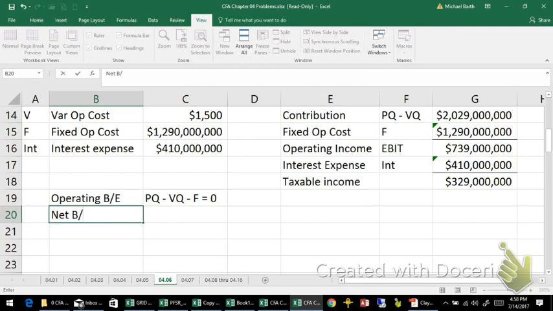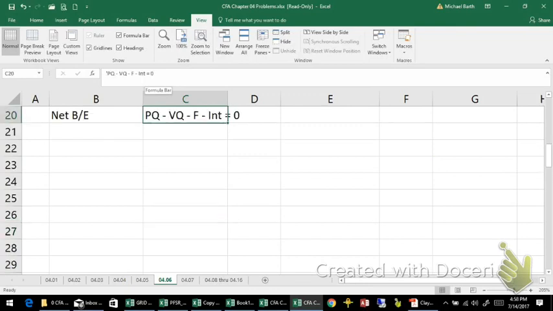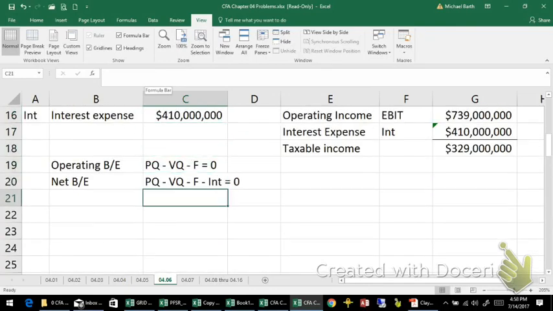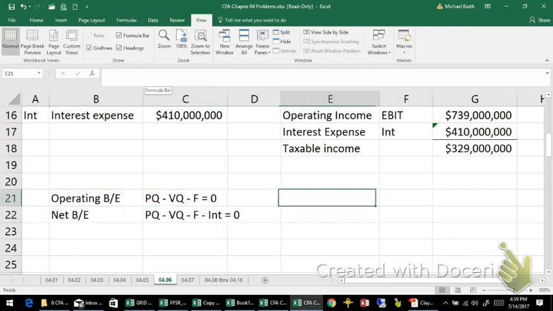So the net break even, or the bottom line break even, would be very similar to the operating break even, except that we would also recognize that it'd be the point where the interest expense subtracted out would be part of the equation. Okay, so to calculate these numbers is actually a pretty mechanical exercise.